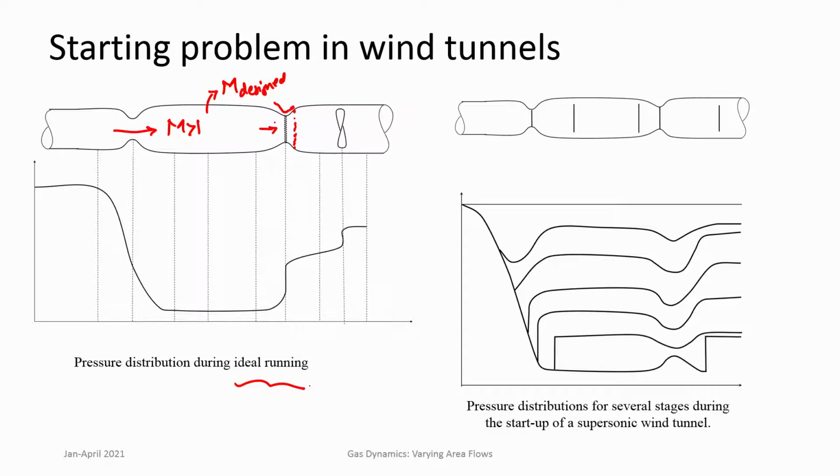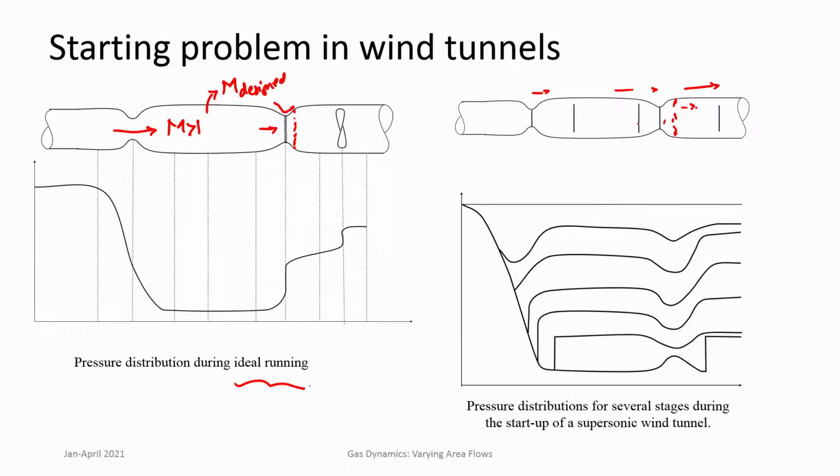So, putting all these ideas together, you can see various ways in which the operation of a wind tunnel takes place. From startup, the shock actually progresses all the way from the nozzle to the diffuser, and then it is stationed either at the throat or stationed away in the divergent passage.